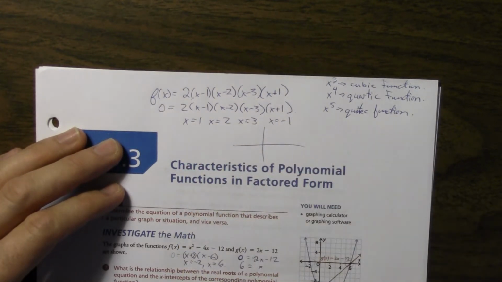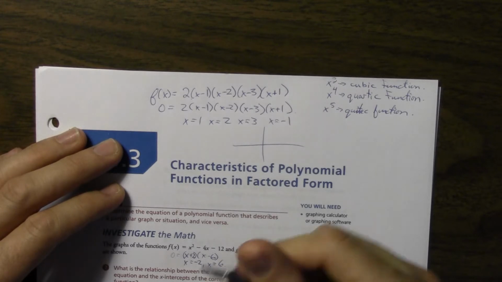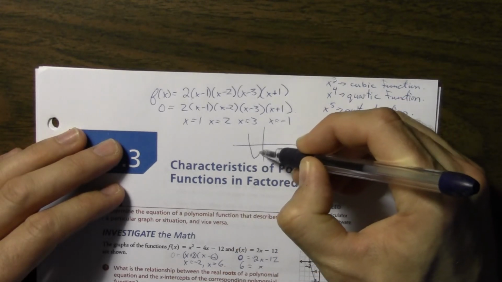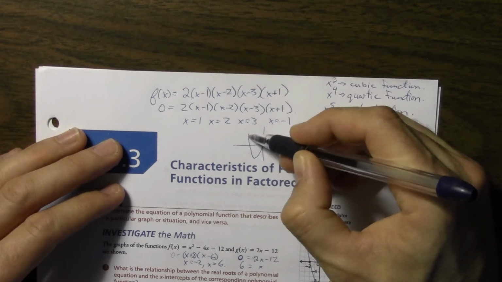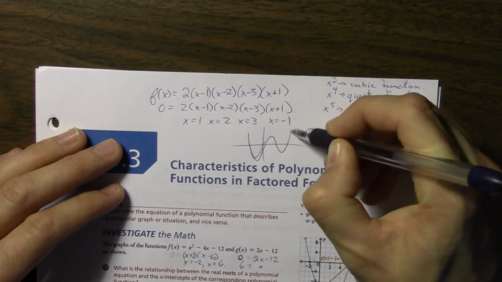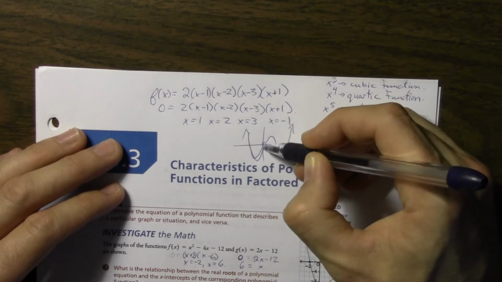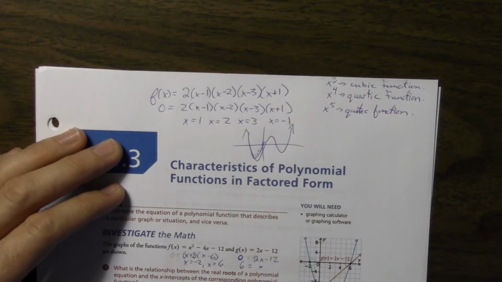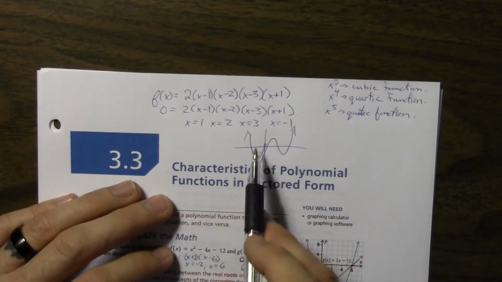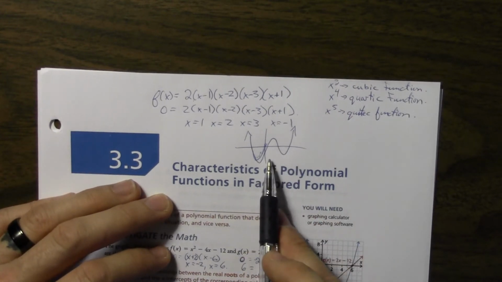And then if I were to graph this on a graphing calculator, okay, there's a couple of things we should know already about this graph without using a graphing calculator.